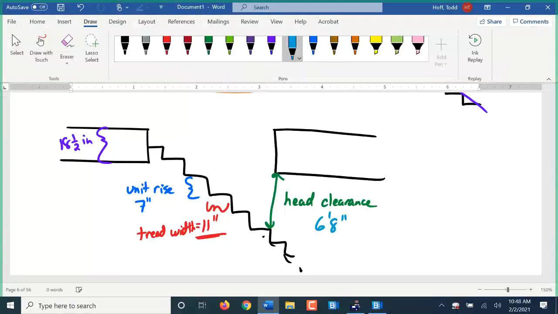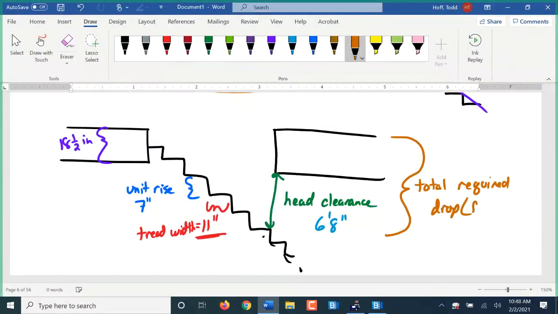We need to find something called the total required drop, and this is for the head clearance. I'm just going to do HC for head clearance.